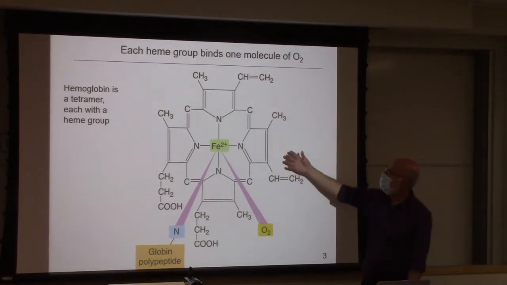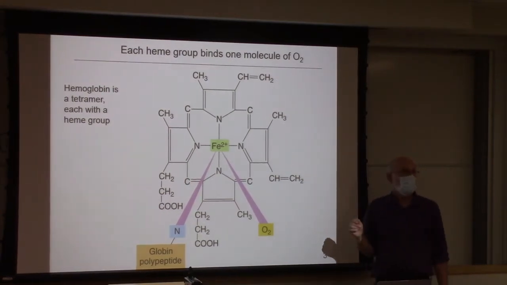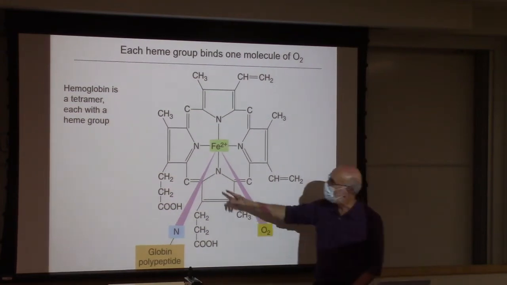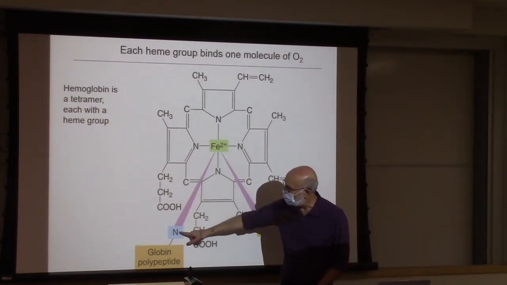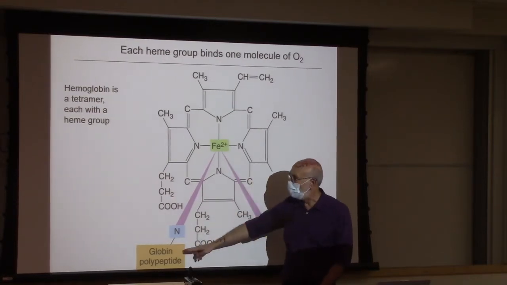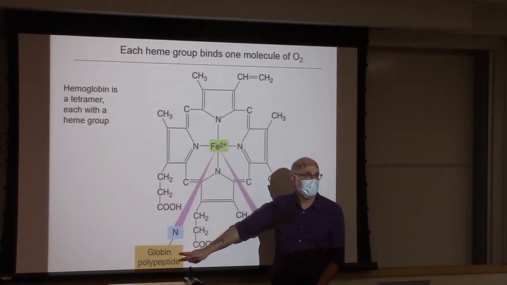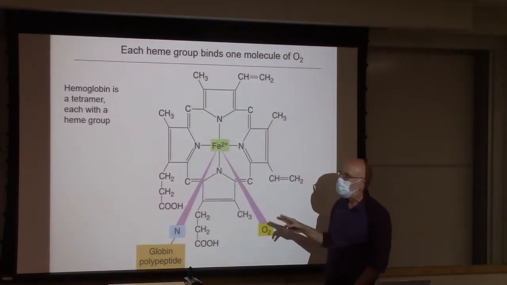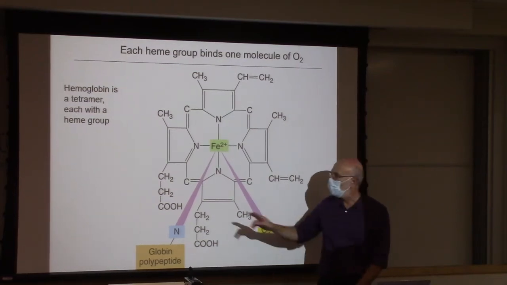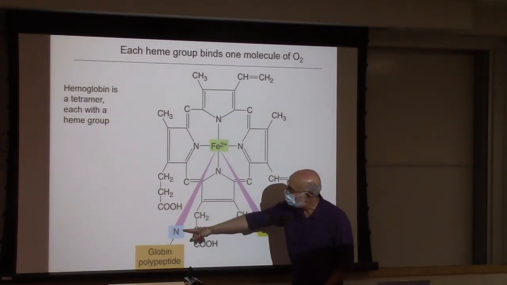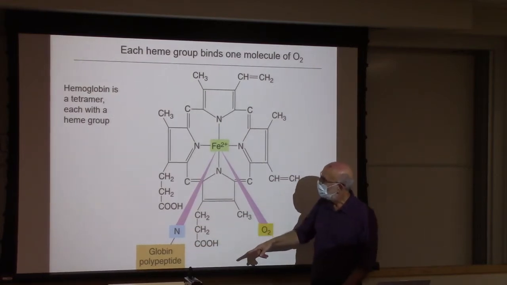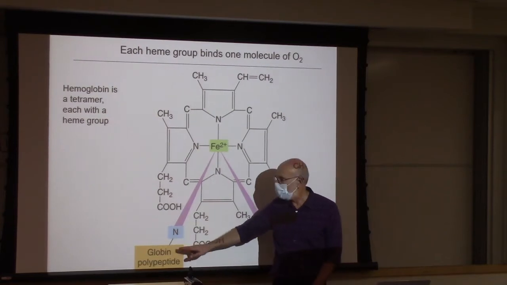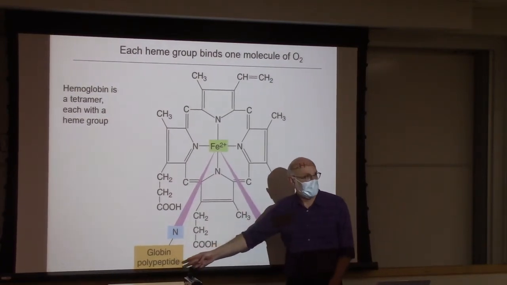And here's the heme group. I'm not going to ask you to draw the heme group. The point is that here, this nitrogen connects this heme to the protein. So this purple thing is just a highlight. It's not a bond or anything. Anyway, there's an amino group that connects the heme to the protein.